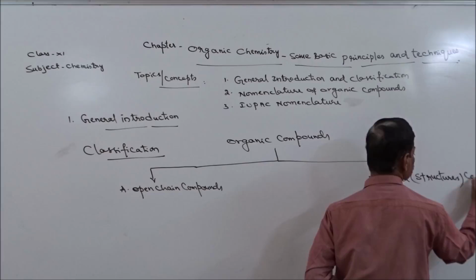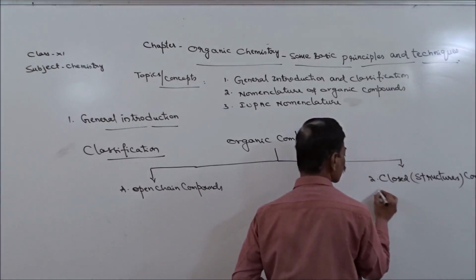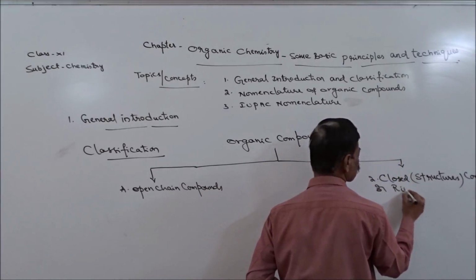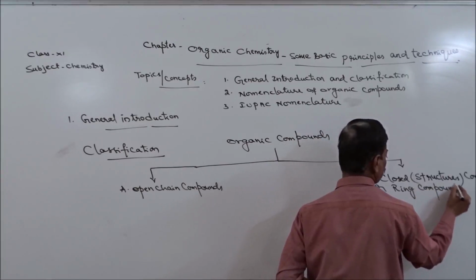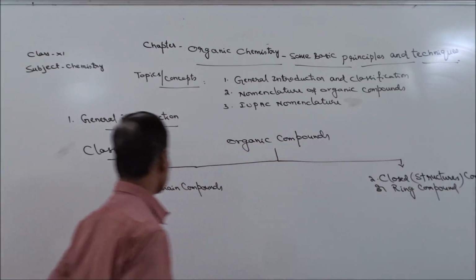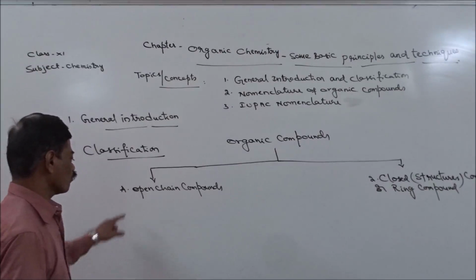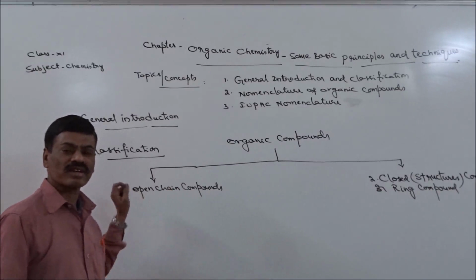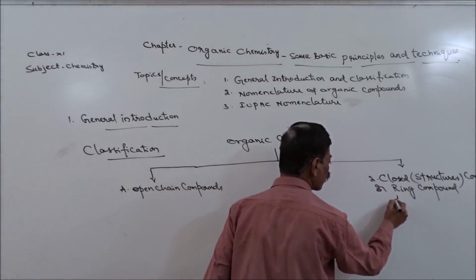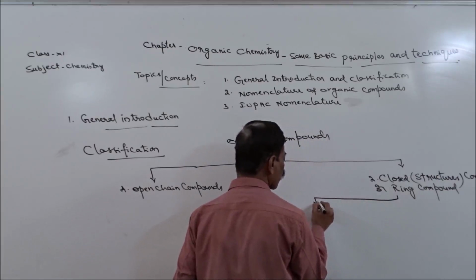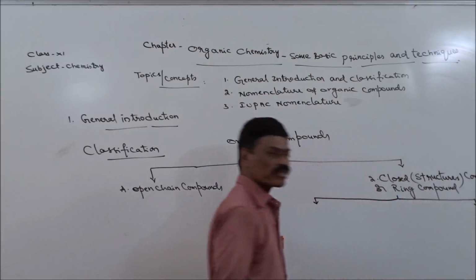They are also called ring compounds. And these open chain compounds, we don't have further classification in this, whereas closed structures or ring compounds are divided mainly into two types.